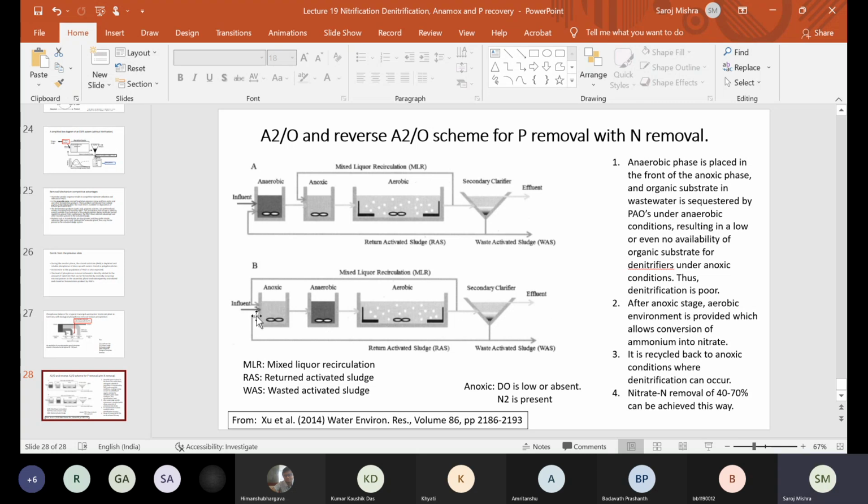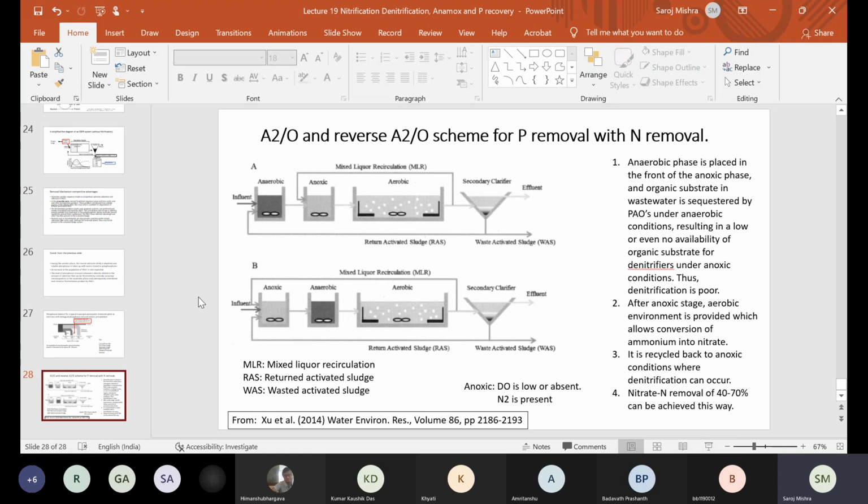Okay, so make sure that you pay attention to this. This mix, whatever comes out of here, goes back into the anoxic tank, so that the remaining nitrogen is also removed in the influent, which you did not get a chance to do earlier. So pay attention to how both the phosphorus removal and nitrogen removal can be integrated into the same process.